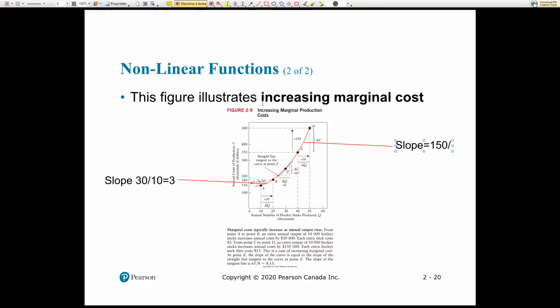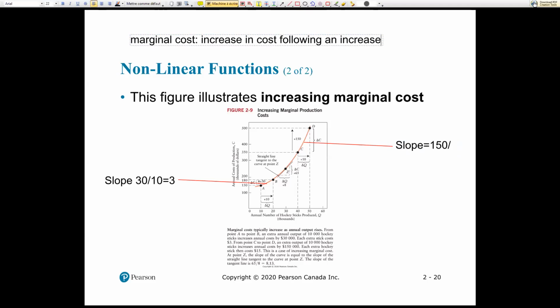So this is increasing marginal cost. So marginal cost is the increase in cost brought by an increase in quantity produced.